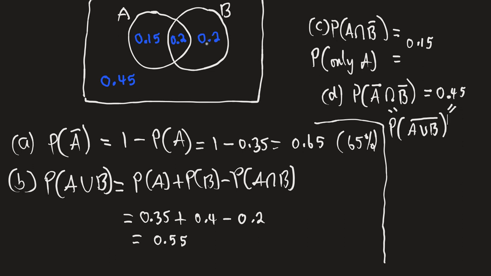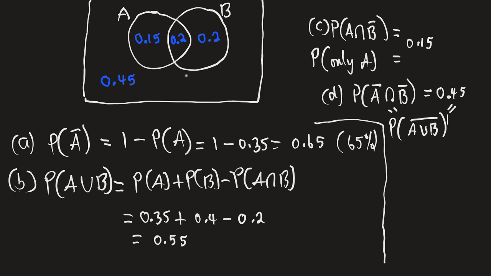We pretty much covered all the things that could be asked in a question like this. The only additional piece is when it's not given to you symbolically like this, but might be given to you verbally.